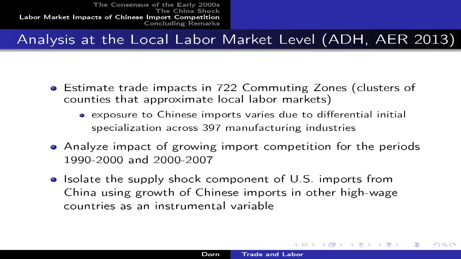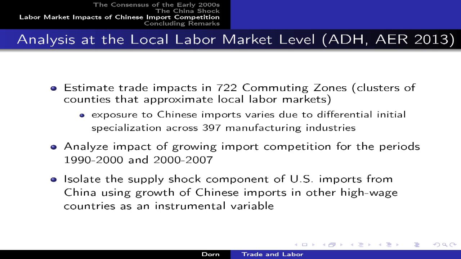We look both at the 1990s and at the 2000s up to the Great Recession, and also show that all these effects that I will now talk about only emerged during that time, whereas previously in the 1970s and 1980s, these now differentially trade-exposed locations had been on very similar time paths.